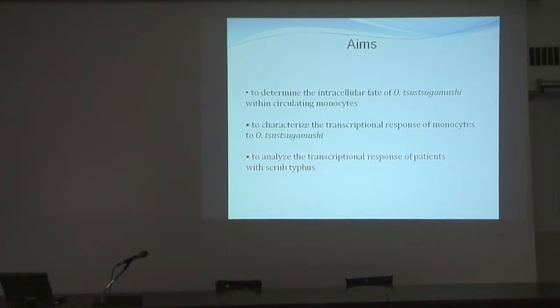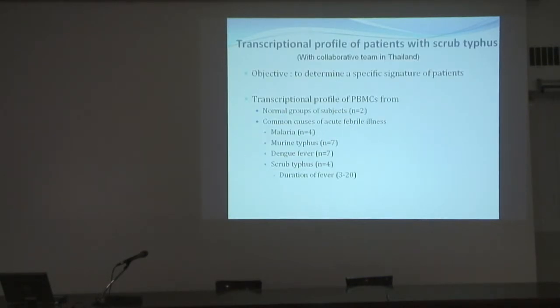And the final objective of our study is to analyze the transcriptional response of patients with scrub typhus. We have a collaboration with a research team in Thailand who performed the transcriptional profile of patients with acute febrile illnesses.